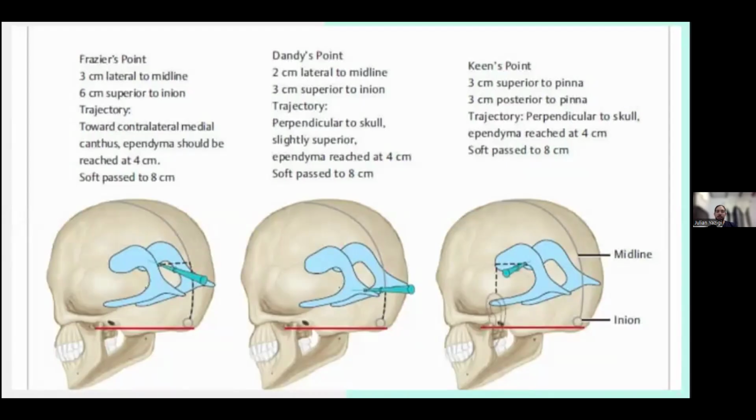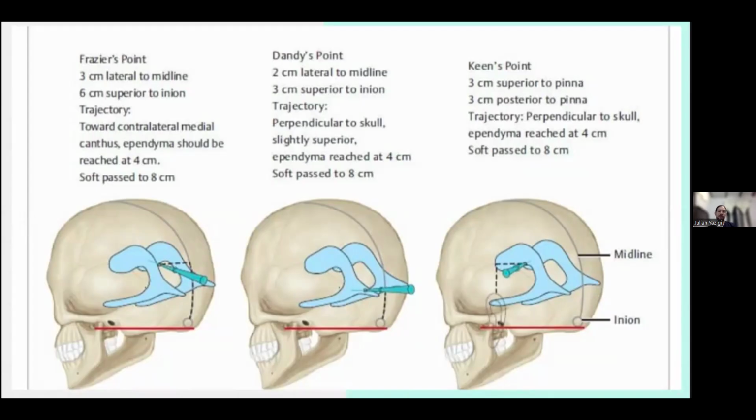Moving onwards to Dandy's point, this is another posterior approach located in the posterior parietal region, approximately 3 centimeters lateral to the midline and just anterior to the lambdoid suture. The trajectory here is directed inferiorly and slightly anteriorly to enter the body of the lateral ventricle.